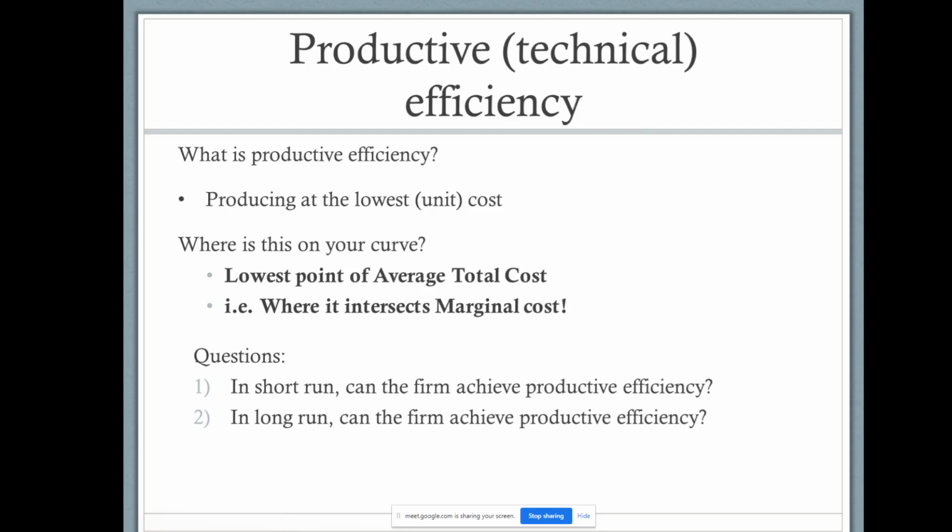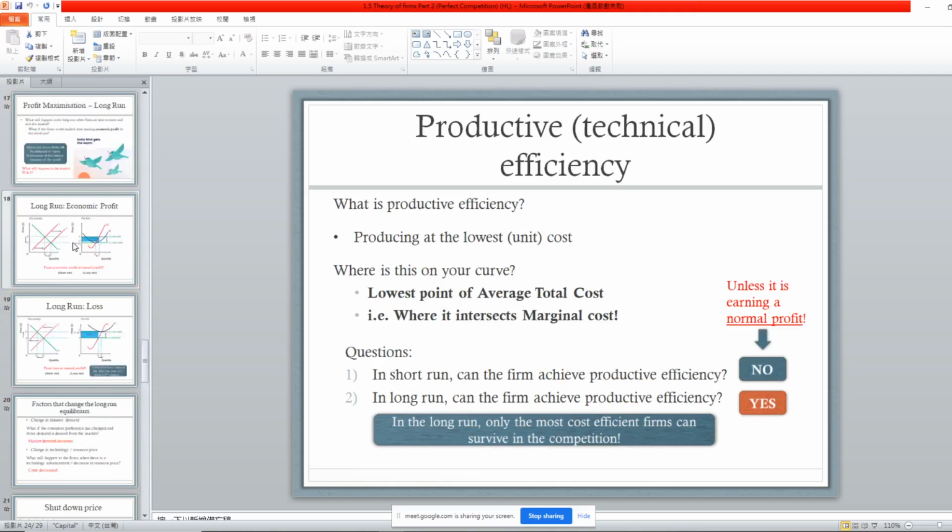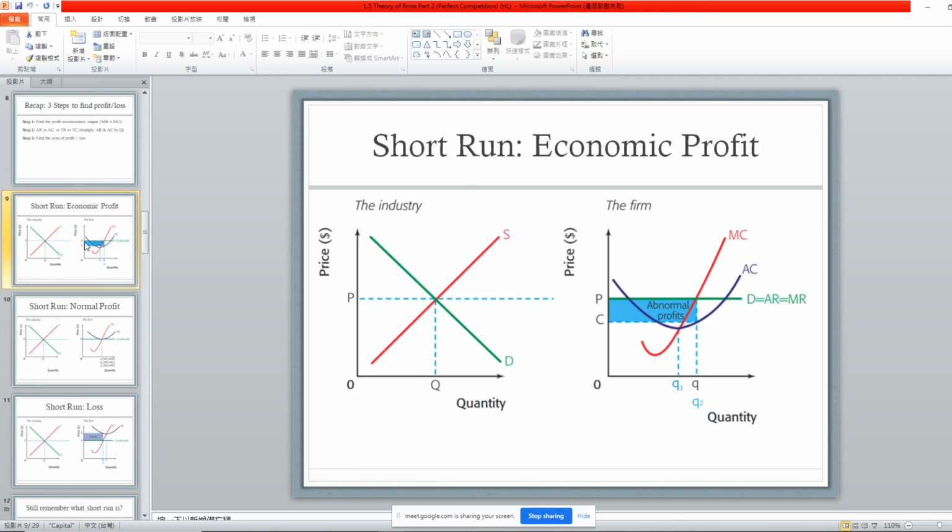If you go back to your diagram, you will see, once again, if you are earning economic profits, the productive efficiency output is at Q1, but you are actually producing at Q. That's why when you're earning economic profit, you will not be able to achieve productive efficiency.